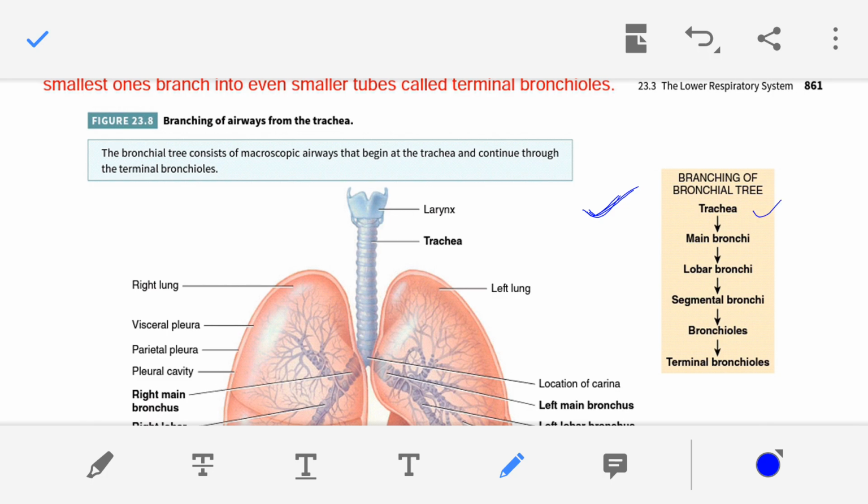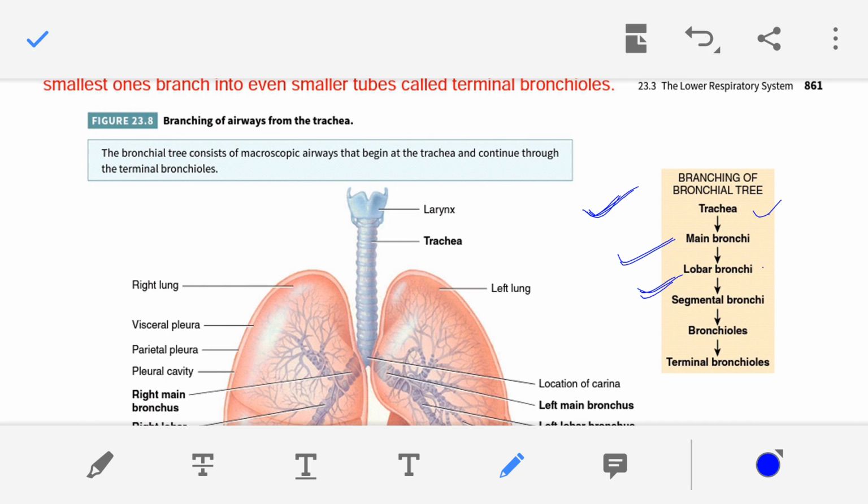So we have started with the trachea. The trachea divides and there is a formation of main bronchi, left and right, which enter into the left and right lung. Then these main bronchi divide into lobar bronchi. In the left lung there are two lobar bronchi, and in the right there are three.